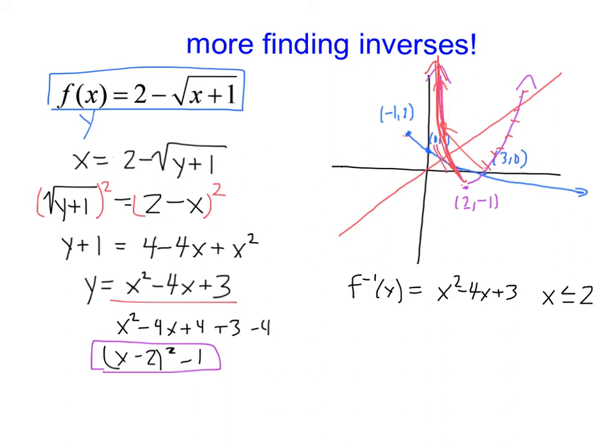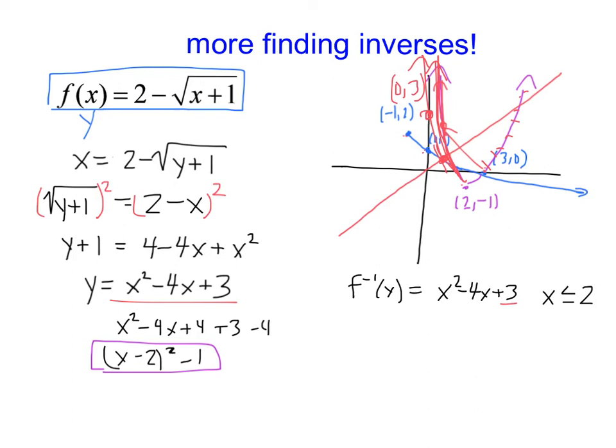Actually, it should hit there. It should be hitting the point 0, 3. If I stick in 0, I get a 3 out of there, and it should be agreeing at that intersection point, wherever that happens to be. Is it 1, 1? No, it can't be 1, 1. That's 0, 1.